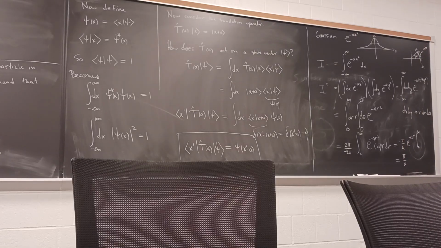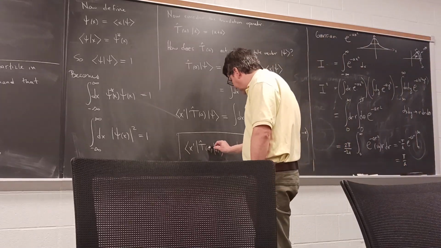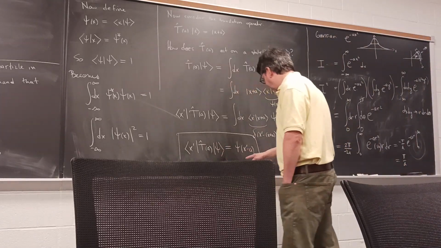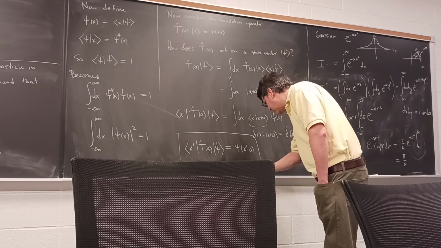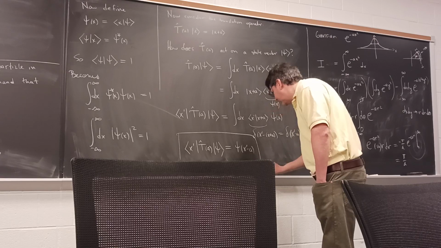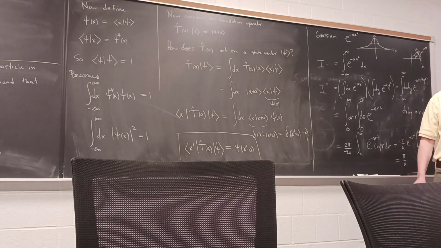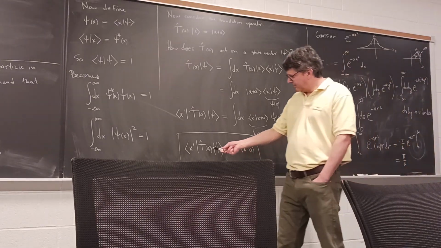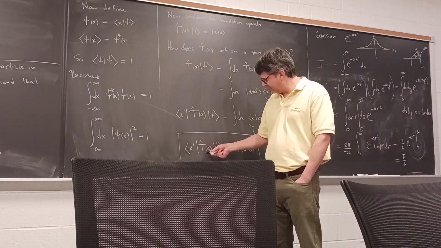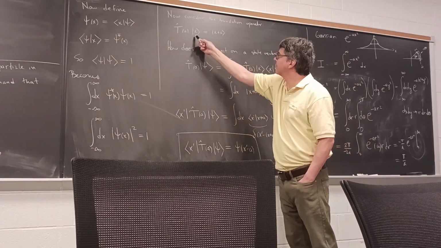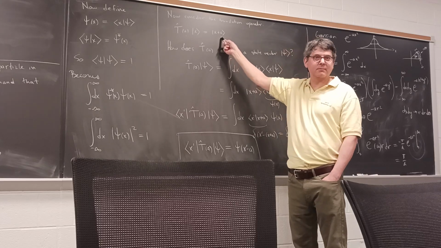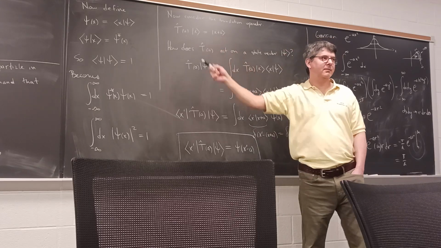Okay. So you can notice something here. I can write this as x prime minus a, psi. Okay, so T acting to the left gives you a minus. T acting to the right gives you a plus. Okay?